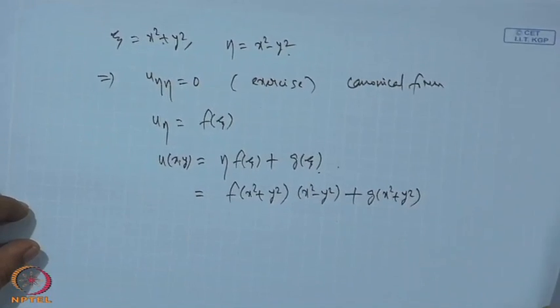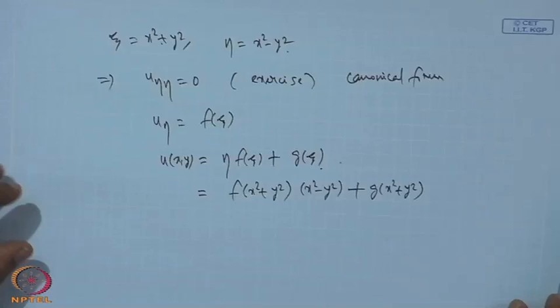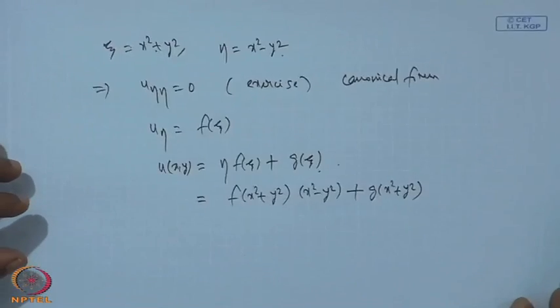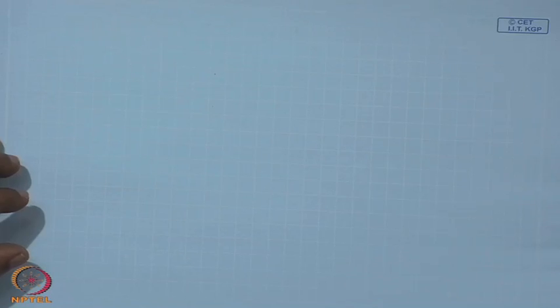So, this is reduction to canonical form, and once it is reduced to canonical form, solving. This is using a change of variables and reducing it to canonical form, so that it is easily integrable.